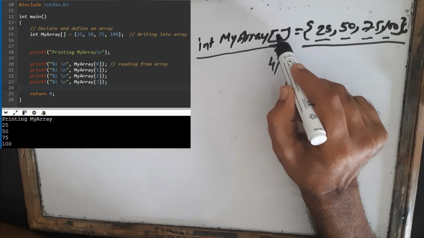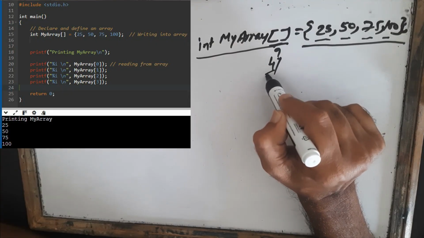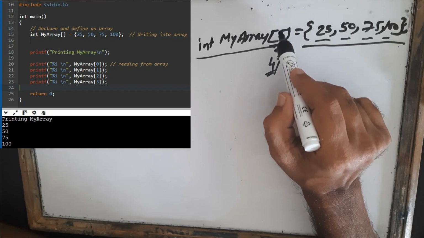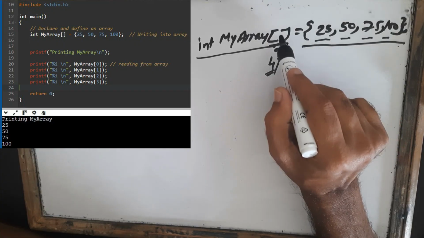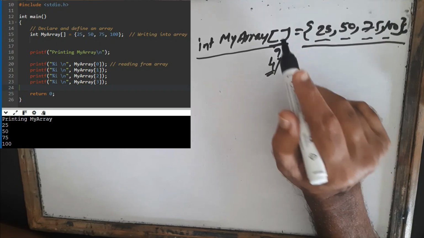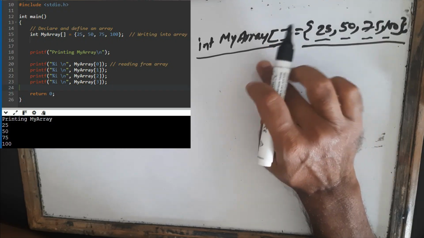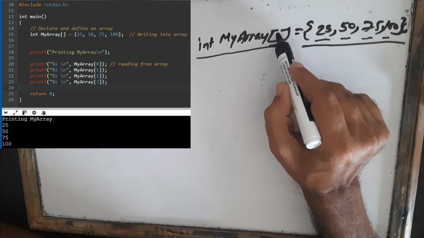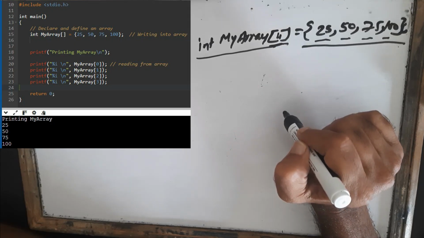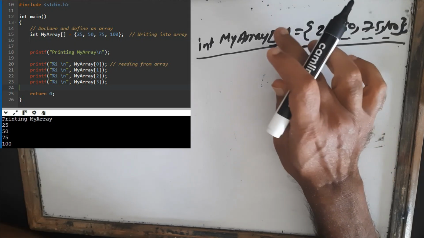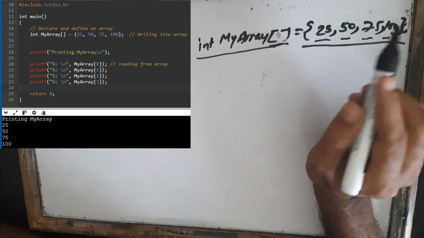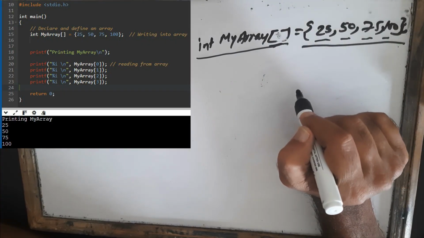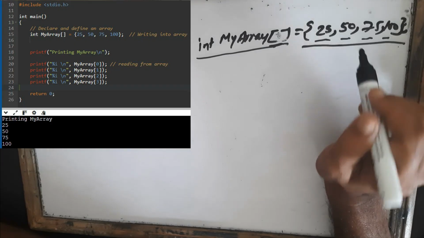By default the compiler will declare this as 4, so there is no need to give it. Either you can explicitly give the number 4, or you can leave it blank. The compiler will automatically calculate the number of elements and initialize as per the number of elements.